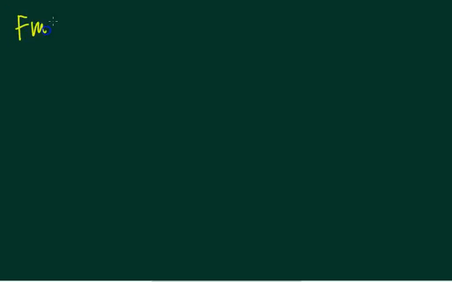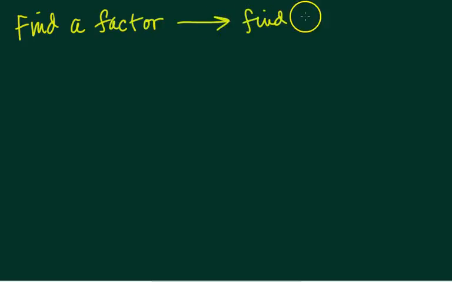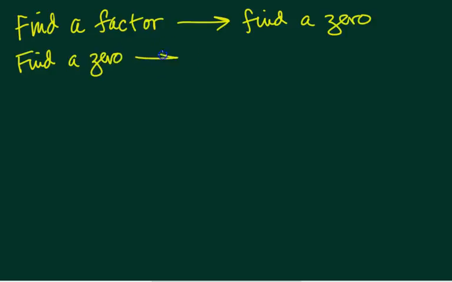If we find a factor of a polynomial, we have just found a 0. And it works the other way around. If we find a 0 on the graph of a polynomial, then we have just found a factor.